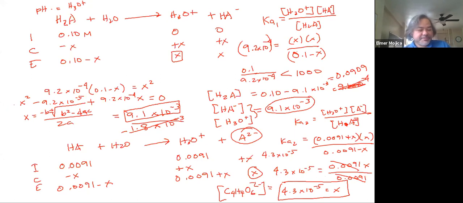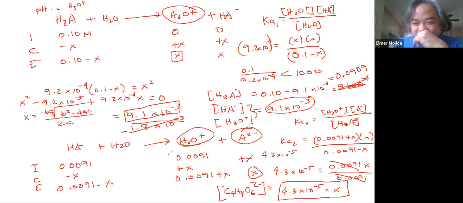Now, where are we going to get the H3O plus to calculate for the pH? Can it be the one here? If you look at the H3O plus that you have here, the X, and the H3O plus that you have here, it's just 0.0091.